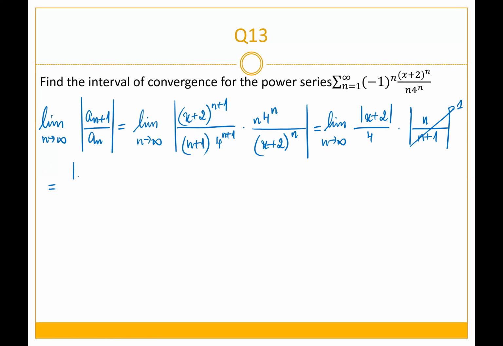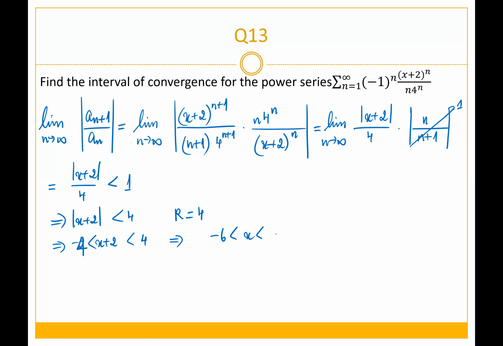And so what we end up having is the absolute value of x plus 2 over 4, and this, by the ratio test, has to be smaller than 1. And so we have the absolute value of x plus 2 smaller than 4. So our radius of convergence is 4, and the interval is going to be -4 to 4, or from -6 to 2.